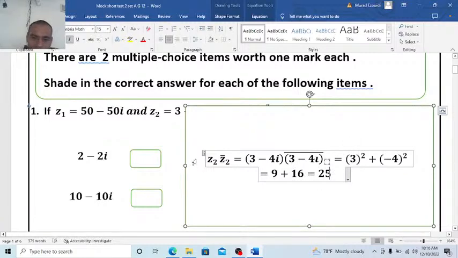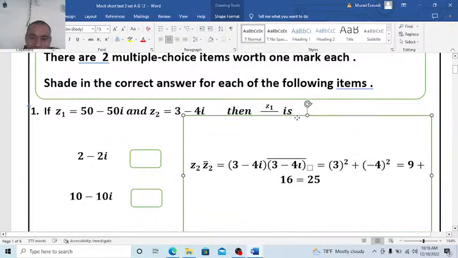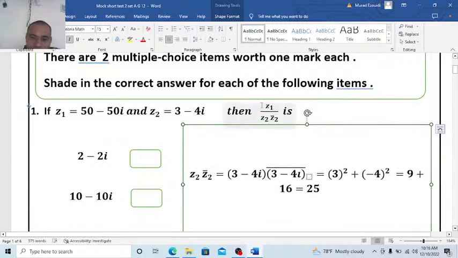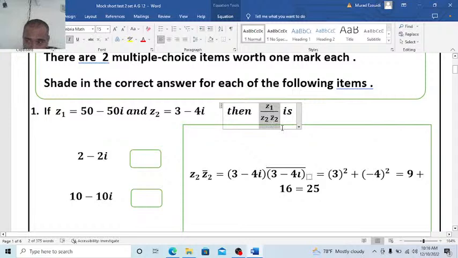Therefore, the product of Z2 and the conjugate of Z2 is 25. My learners, I'm going to use what is given here, because the question asks you to find the value of Z1 over Z2 multiplied by the conjugate of Z2.